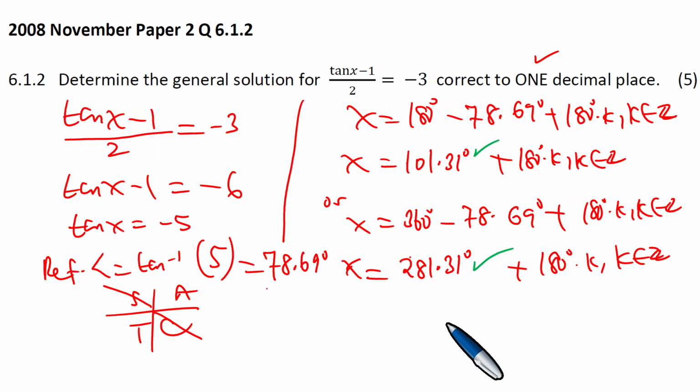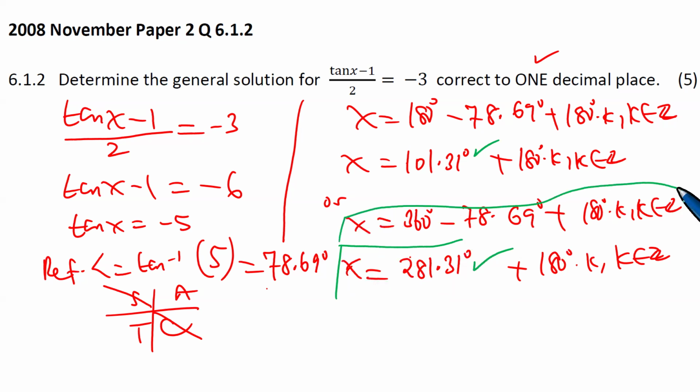Like we're saying, this might repeat. So in principle, this one you can just leave out. You can see that in some memos they just leave this one out and just write this one. Because if k equals 1, 180 degrees plus 101 degrees is already 281.31.